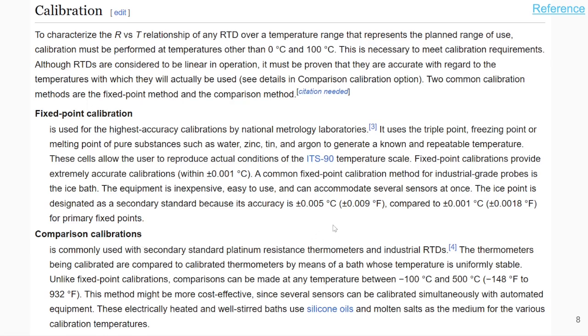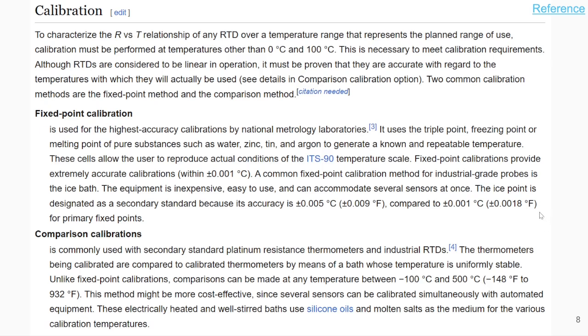And for the fixed point, the industrial grade calibration accuracy is 0.005 degrees Celsius, but the highest accuracy one is 0.001 degrees Celsius. So you need to know these accuracy ranges. Be very sure on it. Be very clear on it. And again, for the comparison calibrations, it is between minus 100 degrees Celsius to 500 degrees Celsius.